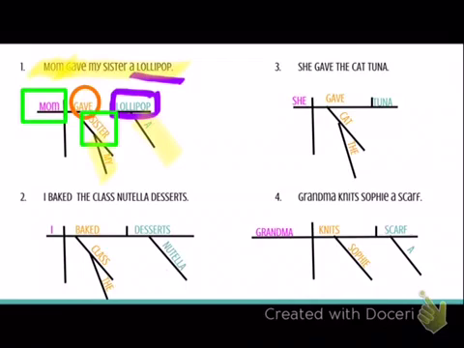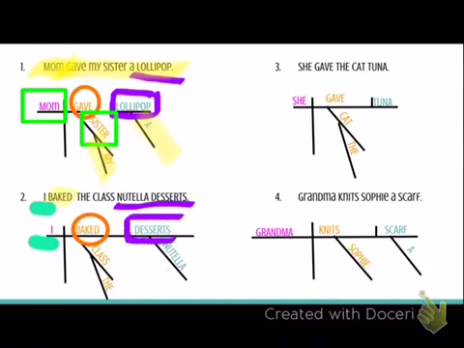Second, I baked the class Nutella desserts. What's the verb? Baked. Who baked? I baked. What was baked? What's the direct object? Nutella desserts.